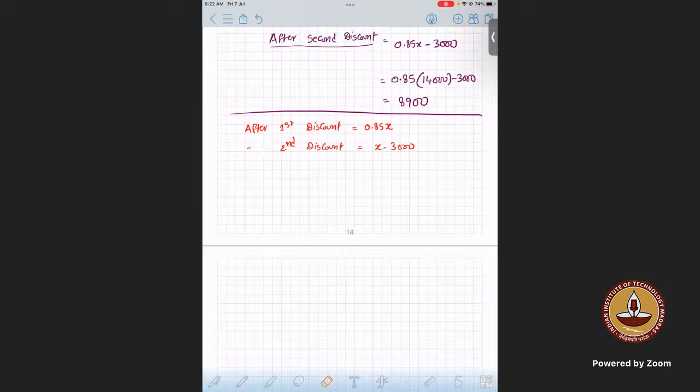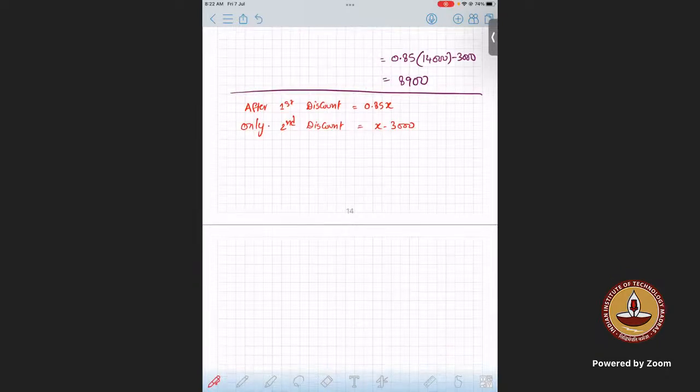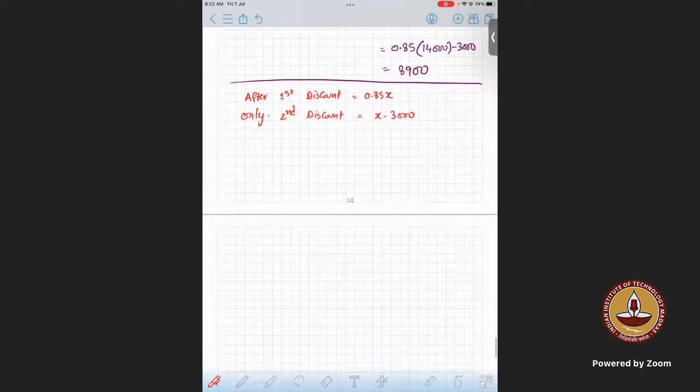Only the second discount, we will put only the second discount: x minus 3,000. Now look at what they said: applying both discounts, one and two.